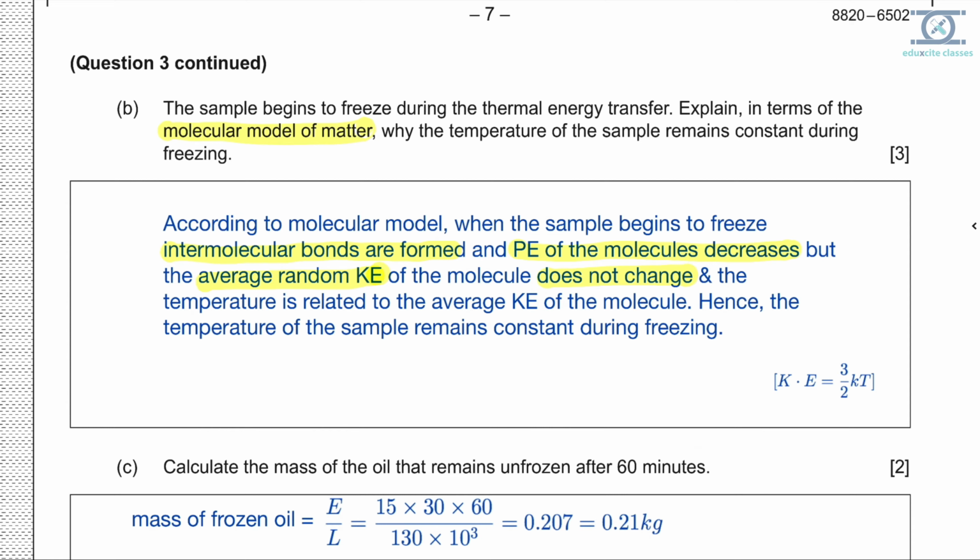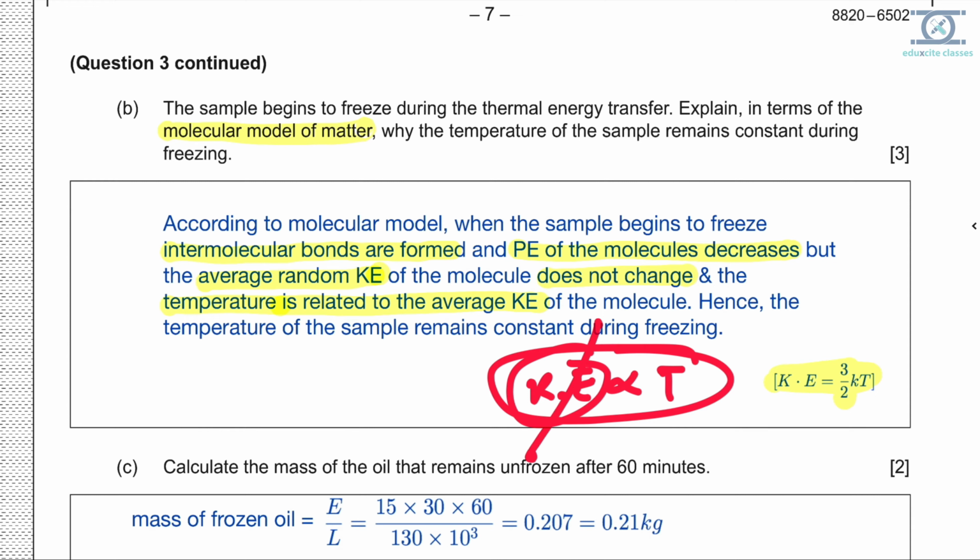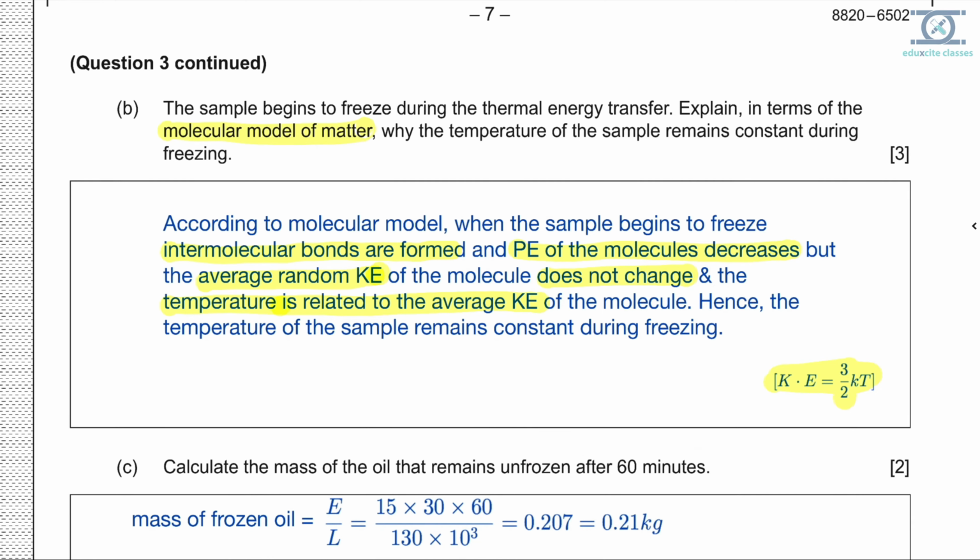And we know that temperature is directly related to kinetic energy. Using this, you can see here, kinetic energy of the molecule is 3/2 kT, where k is the Boltzmann constant, T is the temperature. So we can say here kinetic energy is directly proportional to the temperature. If the kinetic energy is not changing, then temperature will also not change. So hence the temperature of the sample remains constant during the freezing.